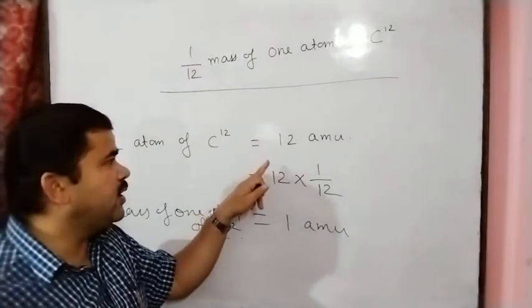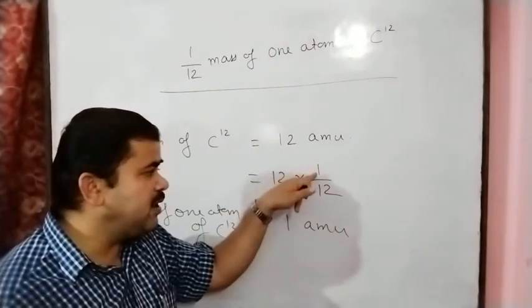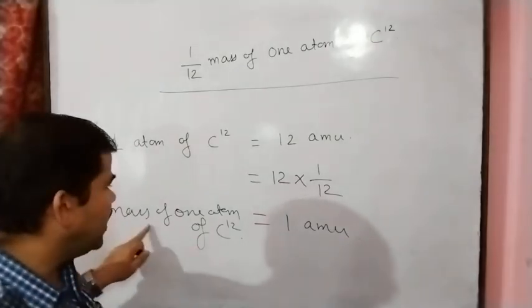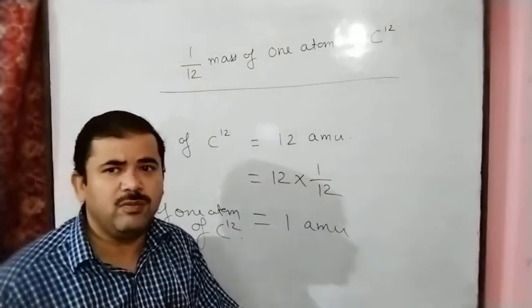Because one atom of carbon-12 has mass 12, and 1/12 of this is 1 AMU. So 1/12 mass of one atom of carbon-12 is equal to 1 AMU.